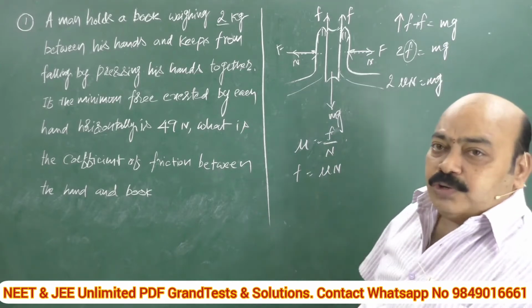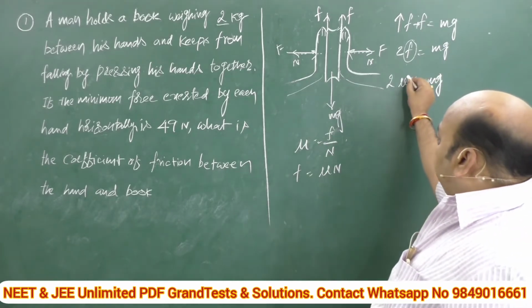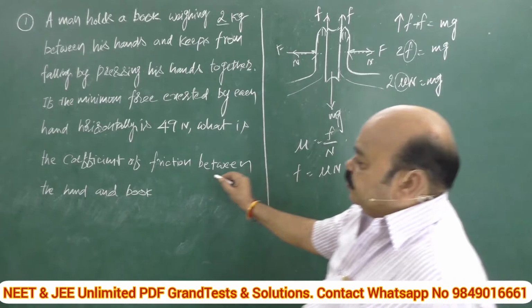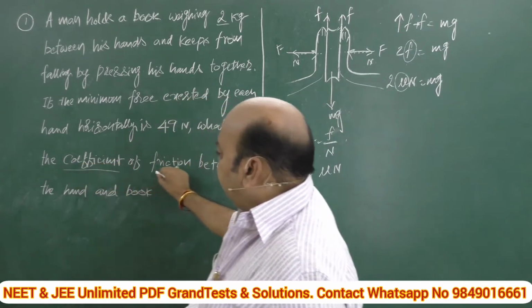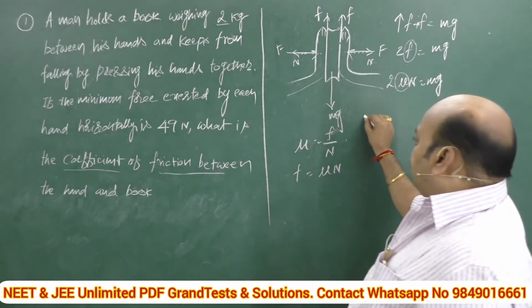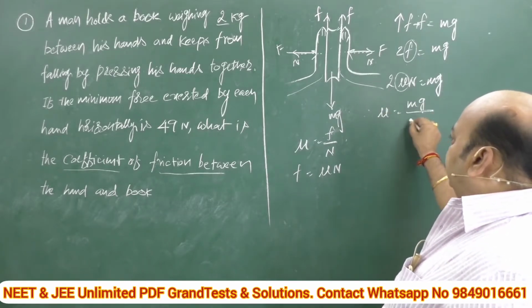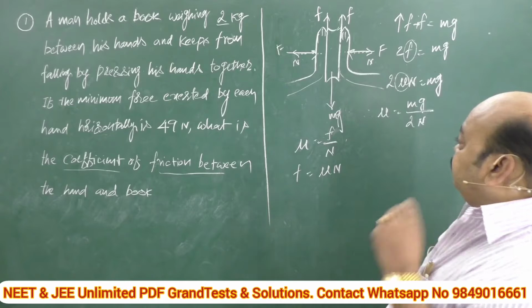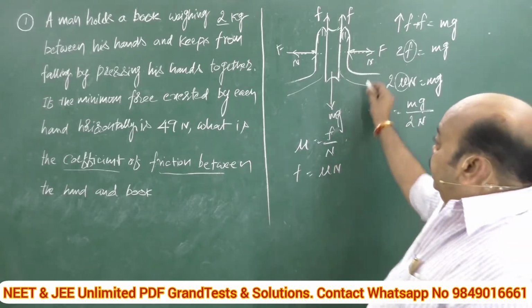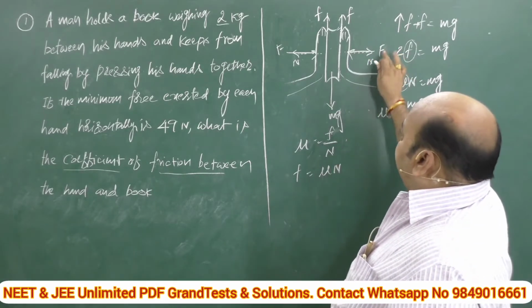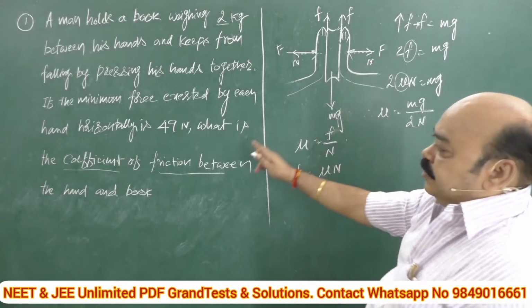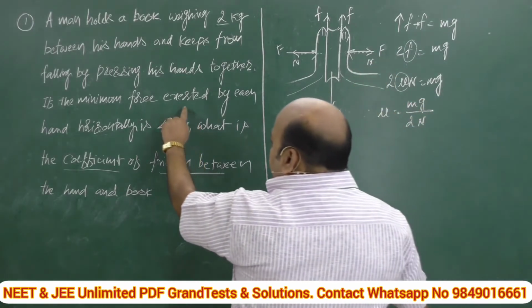Now, what do you want? Simply we are going to calculate the coefficient of friction. Therefore, mu is equal to mg by 2N. Here clearly N is nothing but F. With what horizontal force are we pushing?